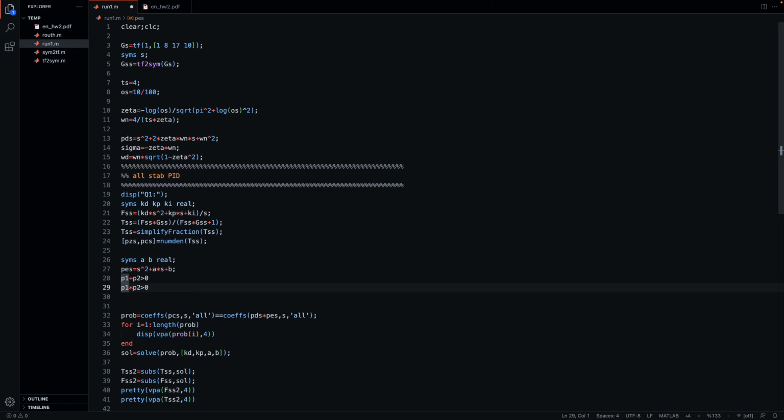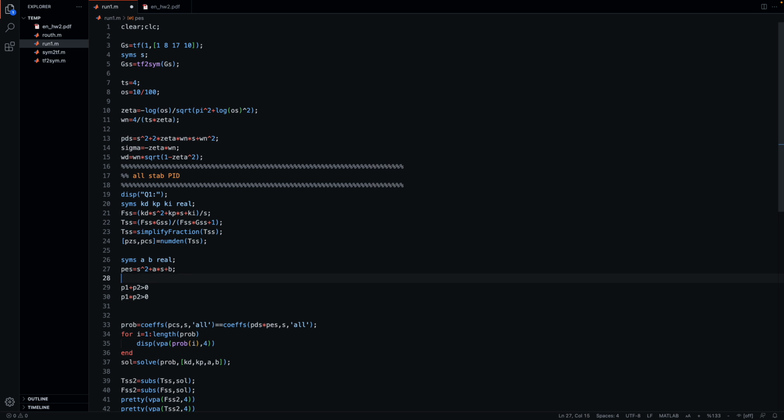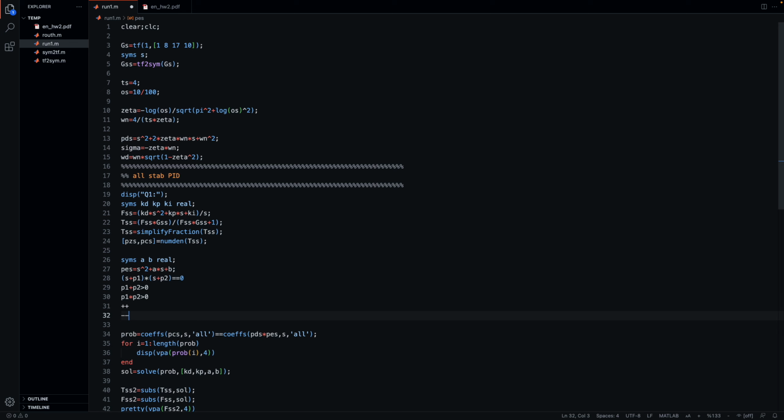So this means that, if the multiplication is positive, by the way, I'm talking about (s + p1)(s + p2) = 0, and if their multiplication is positive, it means that they share the sign. It could be both positive, or both negative.